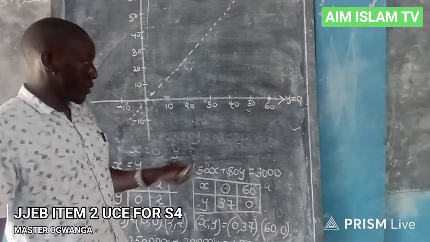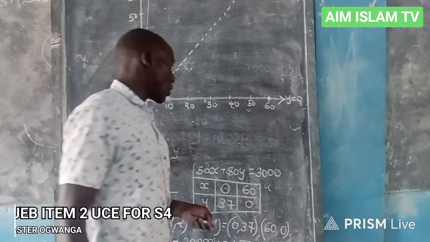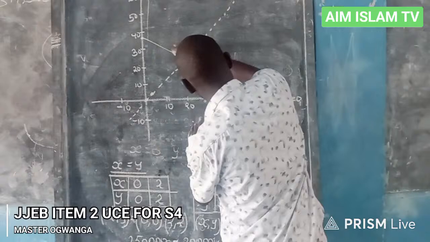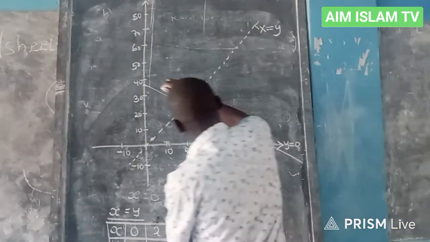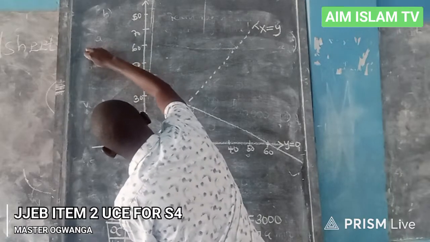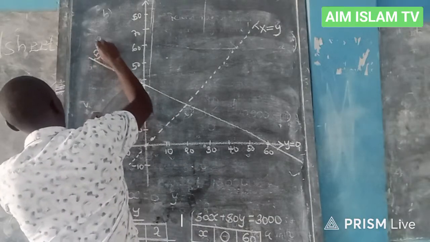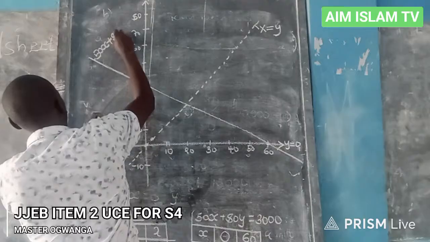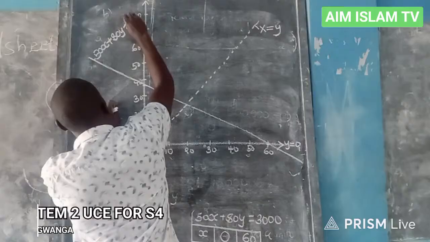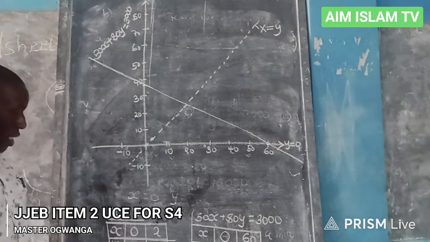These points we are going to join using a solid line, because the inequality represented there was given a less than or equal sign. So this line here, I'm going to label it as 50x plus 80y equals to 3,000. That was our line.